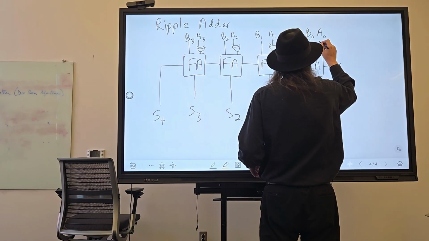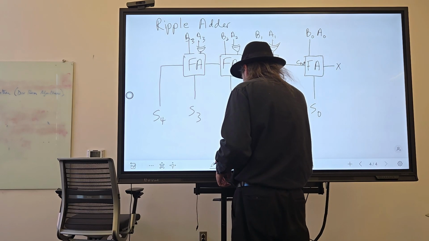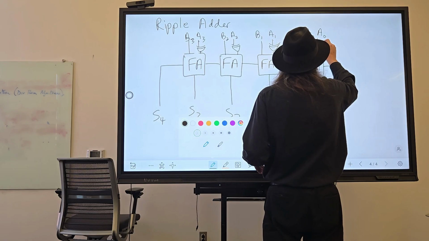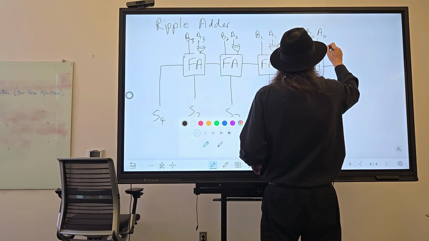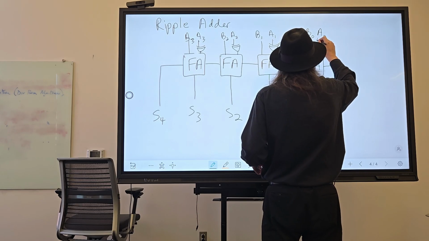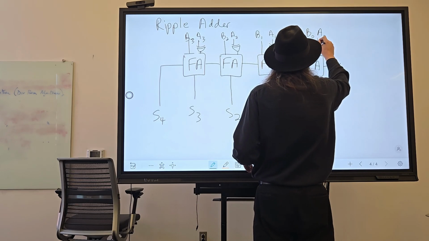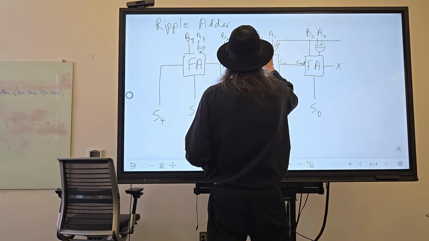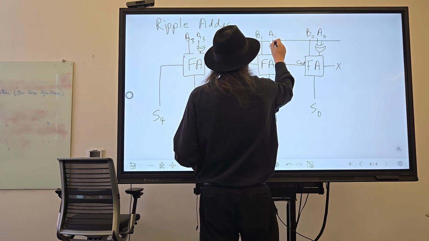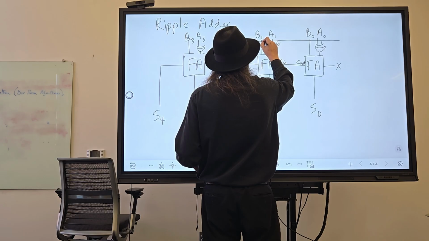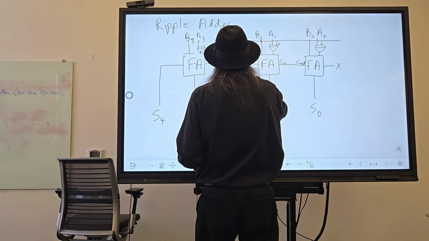On your input that you're going to subtract, you have an exclusive OR gate. That's not a connection there.